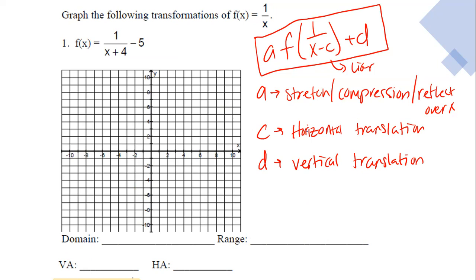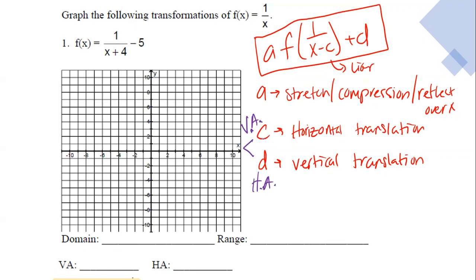So what makes it different for rational functions is because of our asymptotes, your C and your D also have another role. Your C is your horizontal translation, but it is your vertical asymptote. Does that make sense? Your D is your vertical translation, but it's your horizontal asymptote.